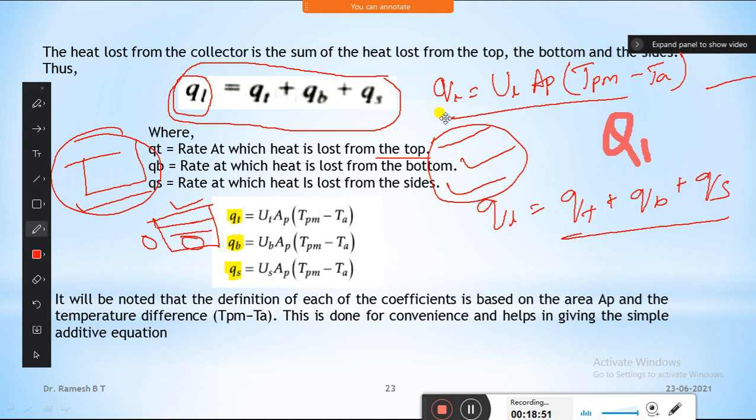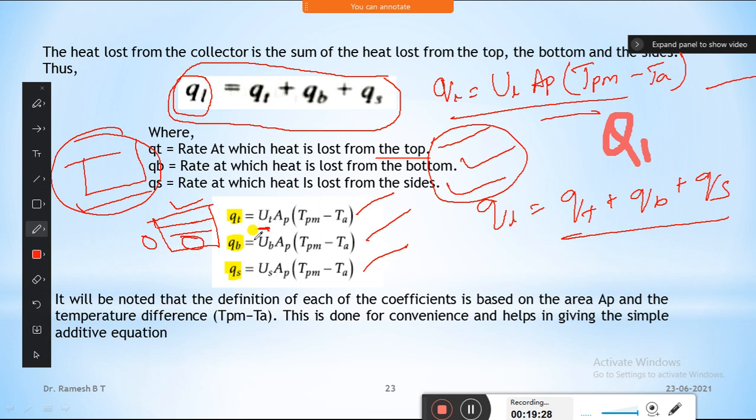Clear? QL we already know. For the heat loss at the top this is the equation, for the bottom this is the equation, and for the side this is the equation. QL is for the overall loss. If you want to consider only the top, QT is equal to UT Ap (Tpm minus Ta). Ap, Tpm and Ta are the same; only UT changes.